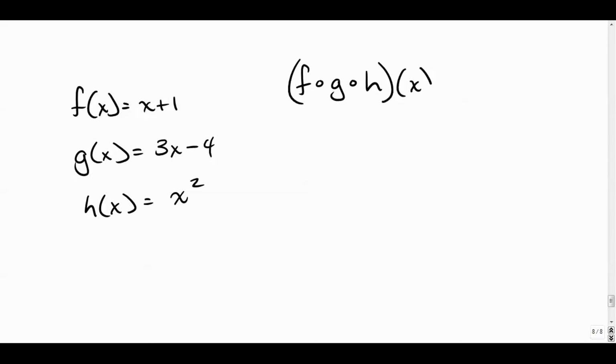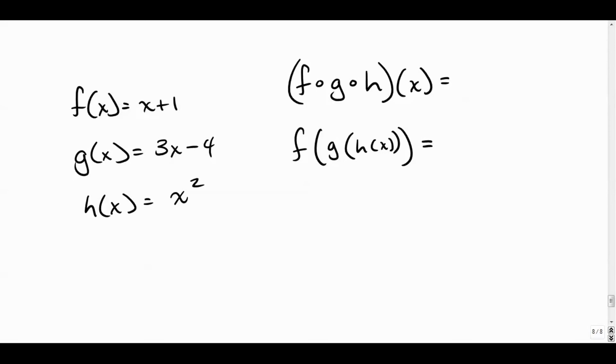If you compose all those together, you would do that in that order. So f of g of h of x, and you just do a triple sort of nesting here. You start with h of x, and you put h of x inside g of x, and you put that result inside f of x.